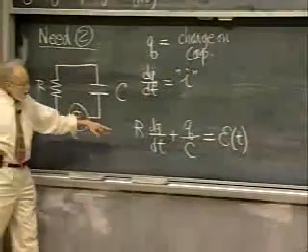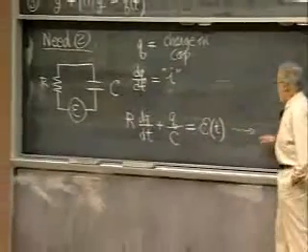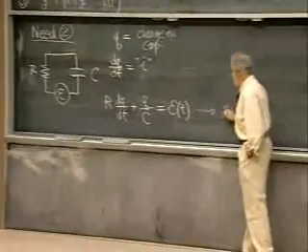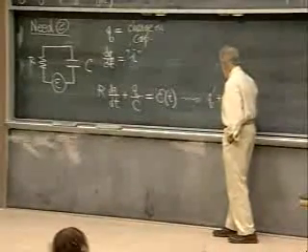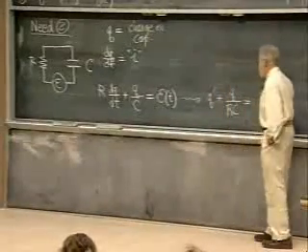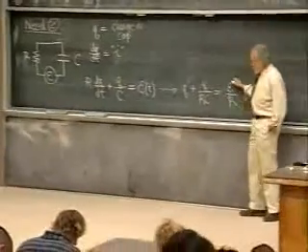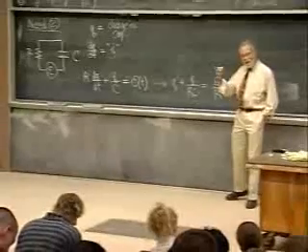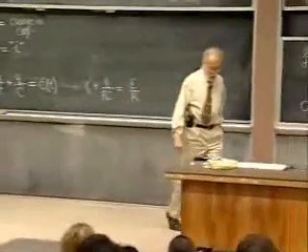Now, if I put that in standard form, I probably should say Q prime plus Q over RC equals, well, I suppose E over R. The K is 1 over RC, and that's the reciprocal.